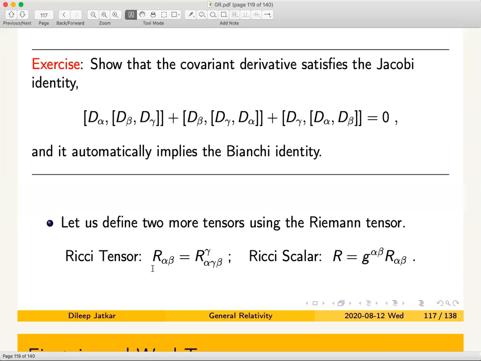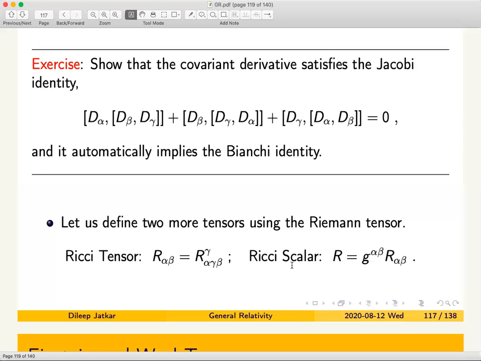Now, given that the Ricci tensor is symmetric, you can of course take a trace of it. That means you can choose the indices to be alpha alpha. That can be done by contracting with the inverse metric. If you do that, you get a tensor with no index, that means a rank 0 tensor, which is what we call a Ricci scalar.